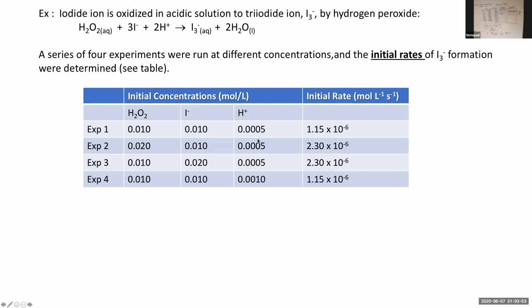And the goal is to figure out the order of the reaction for each of these reactants. So we have concentrations, and we have the initial rate. But what we don't have is a rate law. So what's the rate law going to look like?